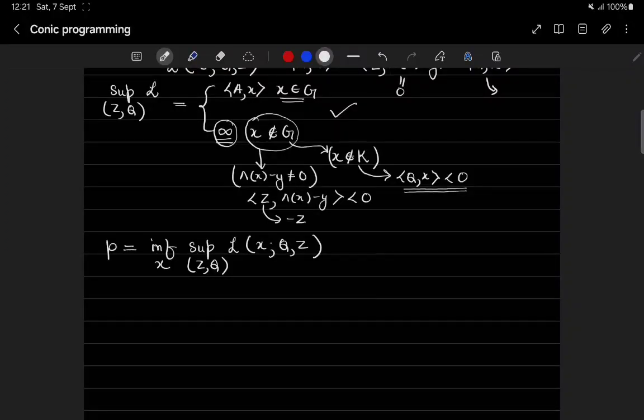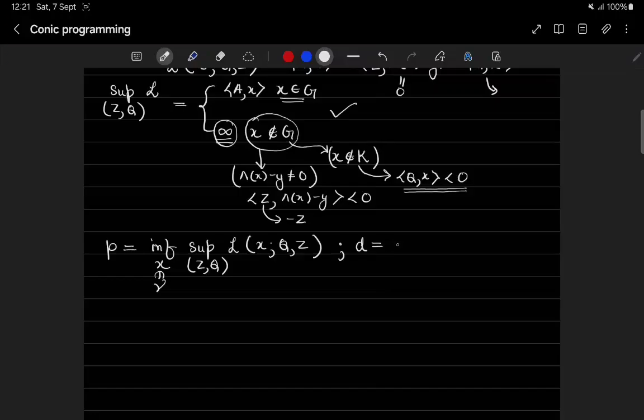This is the way to frame the primal problem. And here what I have done is I have lifted the restriction of x belonging to G by using the fact that this supremum will give the penalty appropriately.